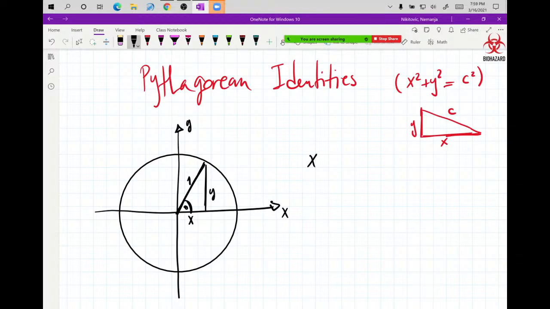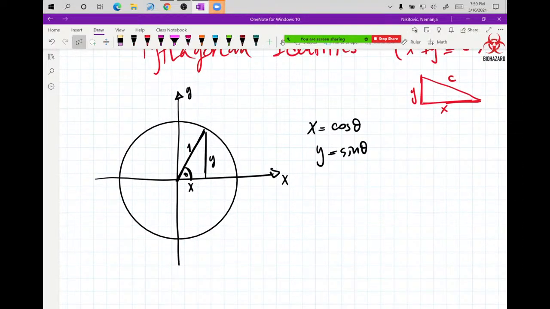And did we say that x is equal to cosine theta and y is equal to sine theta? Yep, we said that as well. So x squared plus y squared equals 1 squared when you look at the picture, because the sum of the squares of the legs is equal to the square of the hypotenuse.